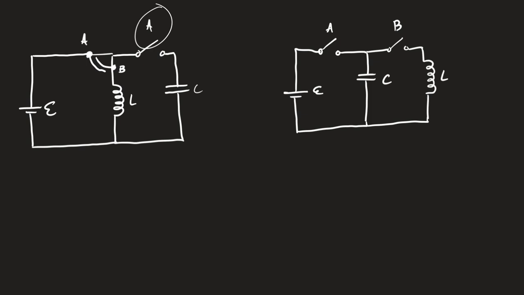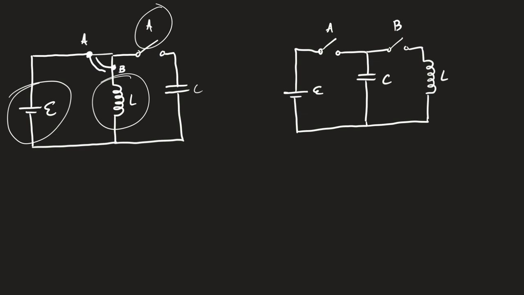That isolates the capacitor with the EMF, and that would charge the capacitor up. On the make before break side, I can slide my make before break switch from A to B right after I close switch A. That means that I am removing the EMF from the circuit and beginning a circuit where all of the energy is in the inductor.